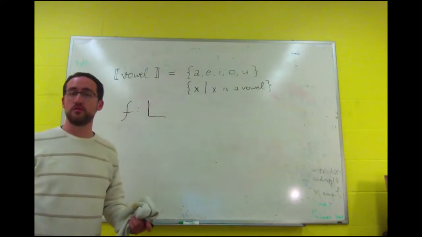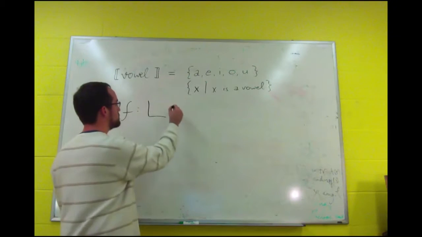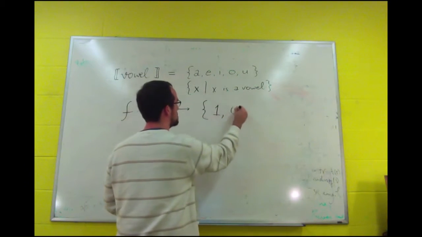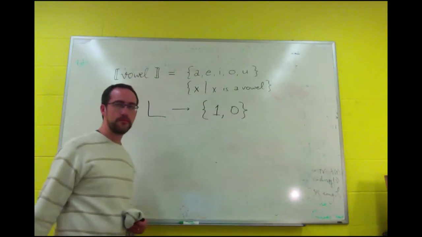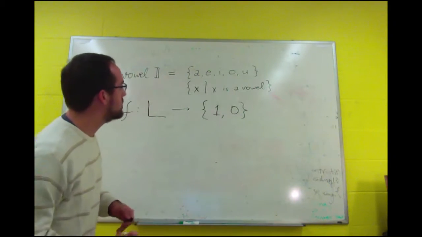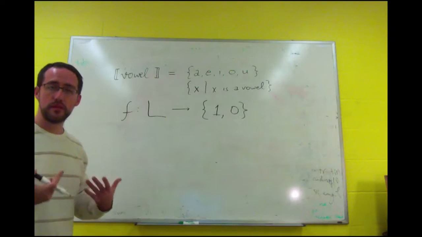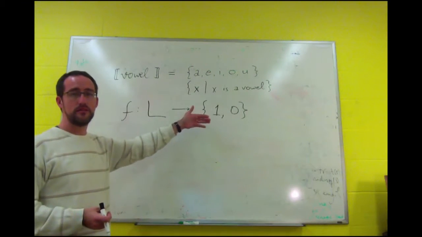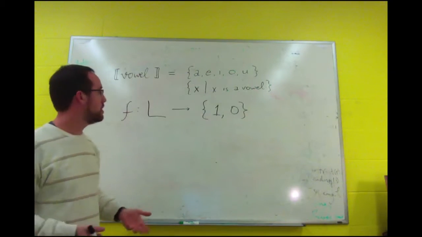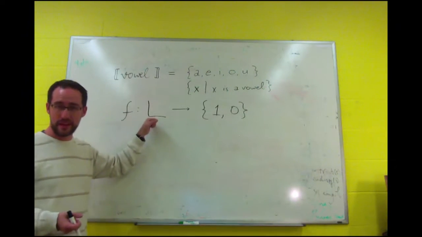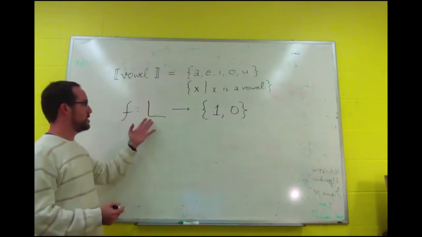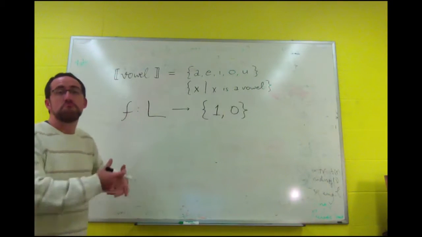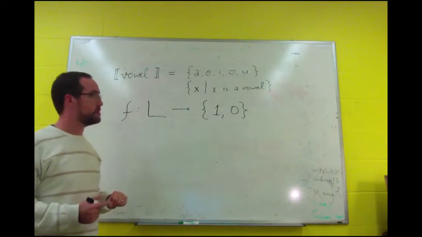Well, we usually use the standard 1 and 0, the binary distinction. So it maps to the set containing 1 and 0. And then the characteristic function works pretty simply. If it's a vowel, it maps it to 1. If it's not a vowel, it maps it to 0. So in that case, it almost doesn't even matter what L is and what the domain is. It's going to be that function. Which function? Whatever function will do that.